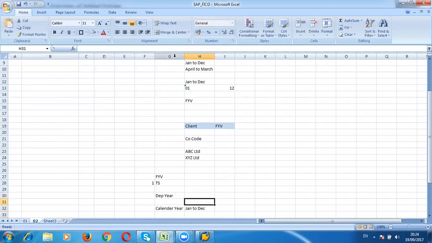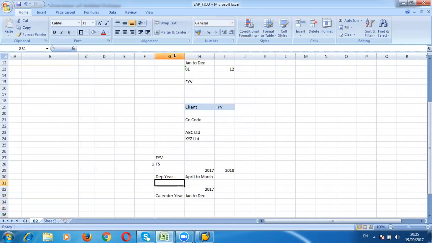But if I'm using a fiscal year other than the calendar year, that falls under year dependent, for example April to March. That is not calendar year, that is year dependent, because if we take the example of 2017 and 18, it will fall in two years. But if I take the calendar year, it falls in 2017.